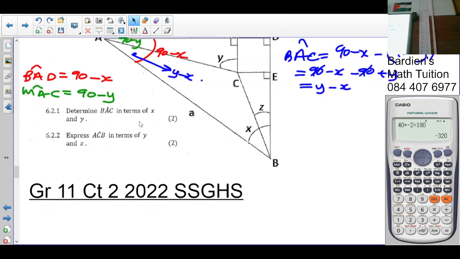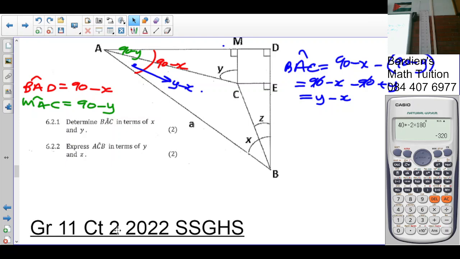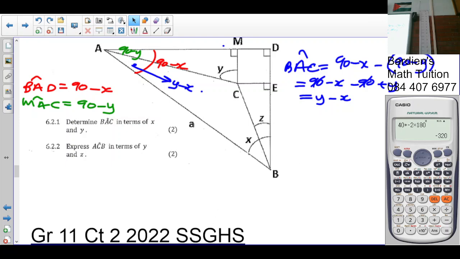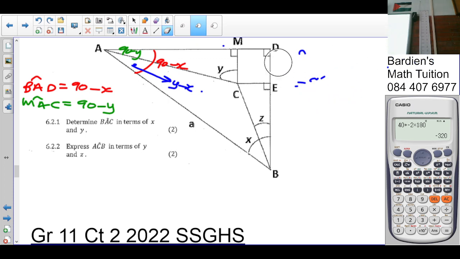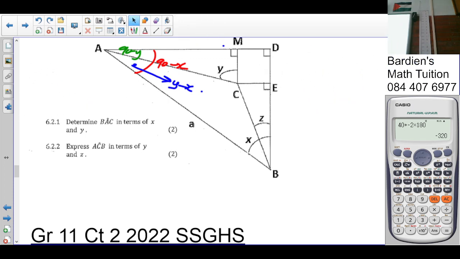So in 6.2.2 the question says, so I'm going to take this information off here, so it's on the diagram as well. Express ACB in terms of y and z. This angle here. ACB.